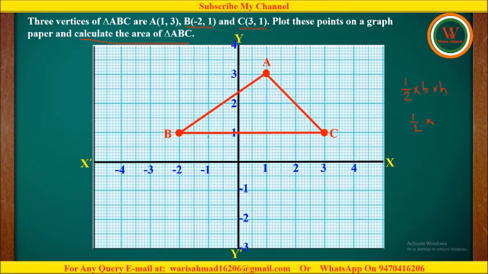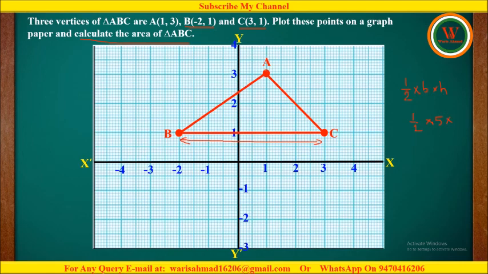Now let us see what is the base of this triangle. The distance from point B to C. We have to find out the distance from point B to C. It will be 1, 2, 3, 4, 5. 5 units. The distance between the points B and C is 5 units, multiplied by height.